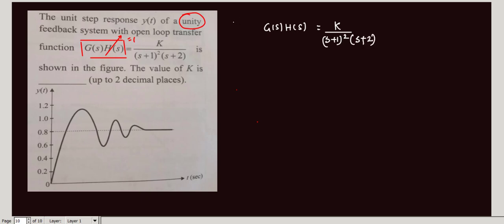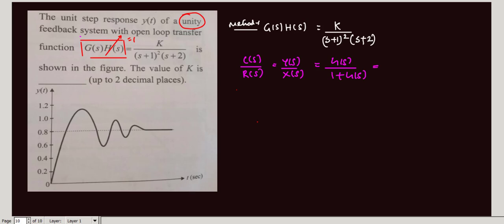Okay, so let's go for method 1. He said the unit step response of a unity feedback system with the open loop transfer function is given. So what is the closed loop transfer function? C of S by R of S, or Y of S by X of S, is G of S by 1 plus G of S, because it is a unity feedback system. For the confusion only, he has given G of S, H of S in the question; it is G of S only.